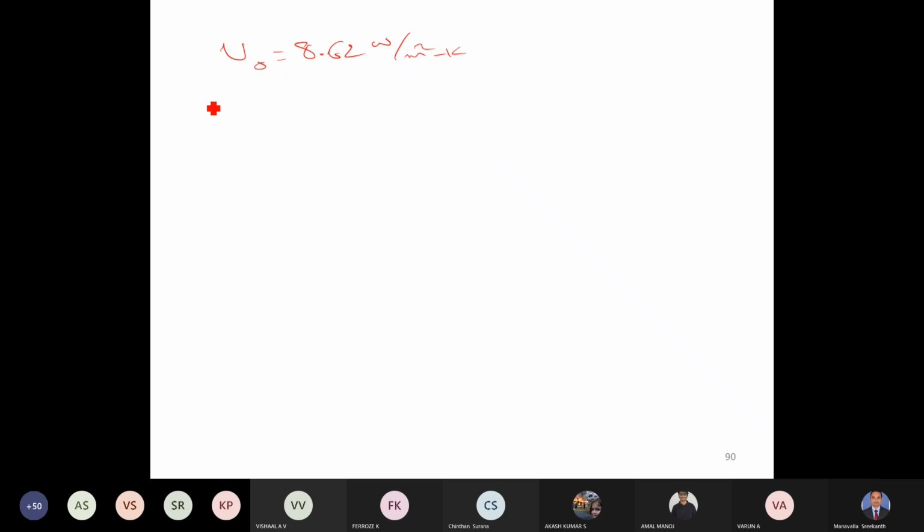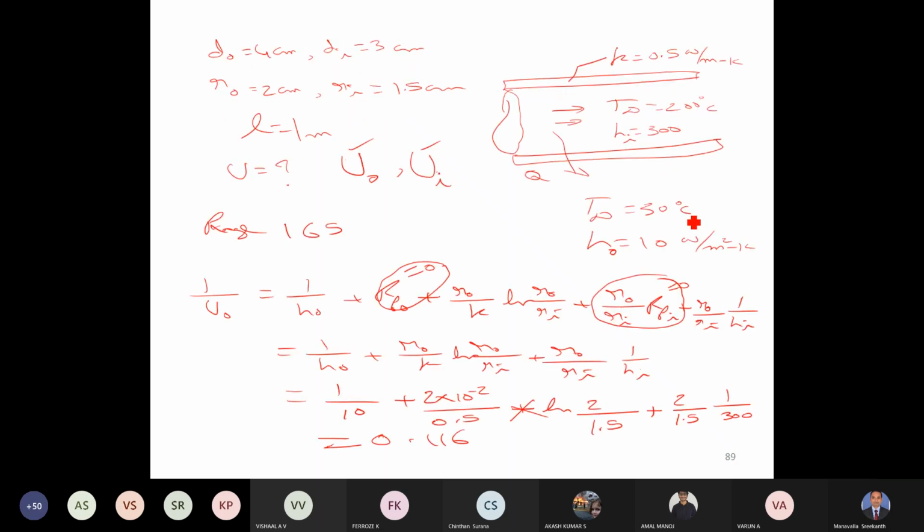Okay, so now we will calculate the heat transfer: U naught A outer multiplied by delta T. So 8.62 multiplied by 2 pi R outer multiplied by length 1, that is 2 pi R L, multiplied by the temperature difference, inside is 200, outside is 30.